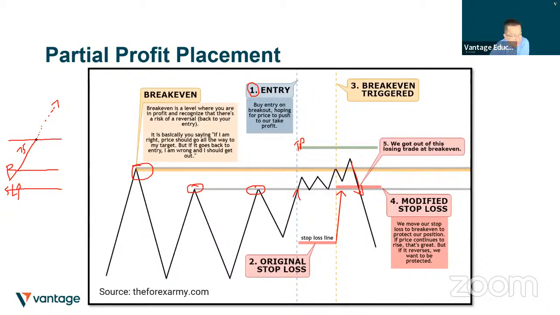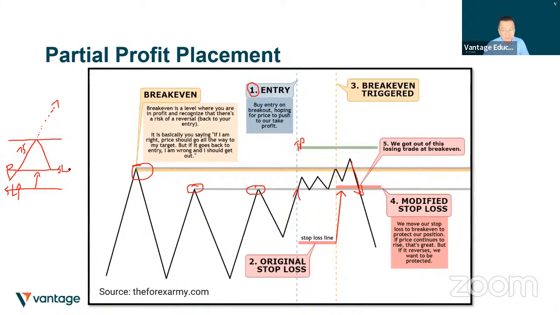If it doesn't, then it could come back down and hit your stop loss, which you have moved up at break even. So this is how we try and maximize a potential running trade, right? As you see that it goes up, you secured some profits, quite a lot of profit there, and then leave a small amount to try and take advantage of a possibly big move towards the upside.